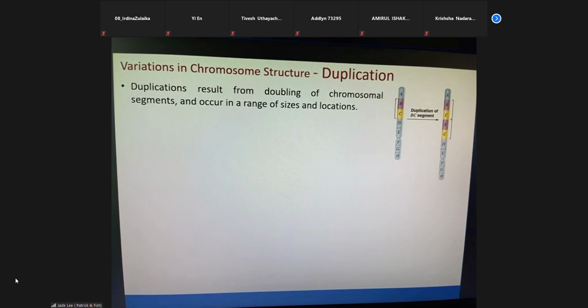So if you look at this, normally we have A, B, C, D, E, F, G, H. Now, if B and C, this segment, is duplicated, the end result is A, B, C, B, C, D, E, F, G, H. That means B and C are duplicated. Can you see this?